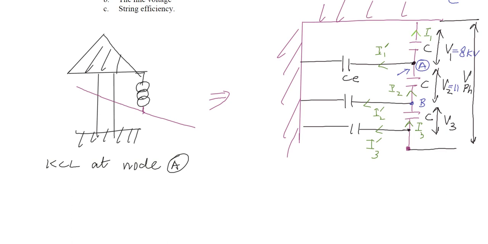We can see that the entering current is I2. I2 is equal to, this is one leaving current and this is another leaving current, so they will be I1 plus I1 bar.